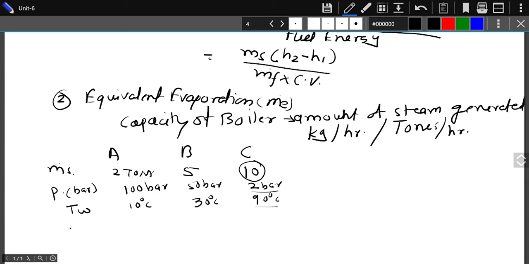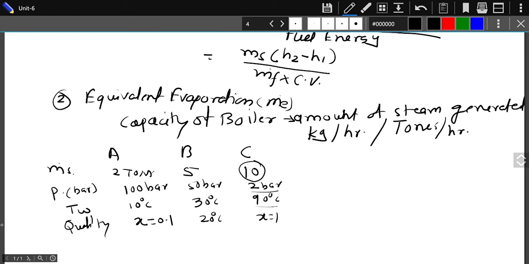Then again, another term is the quality of the steam. What quality of steam is generated by this boiler? Let us consider that this is generating steam whose dryness fraction is 0.1 only, while this boiler is generating superheated steam having a degree of superheat of 20 degrees centigrade, while this boiler is generating a dryness fraction of 1.